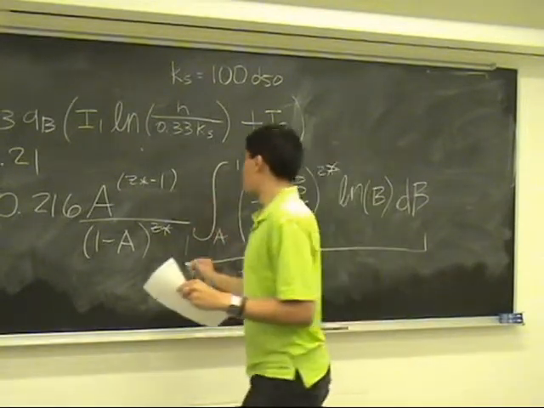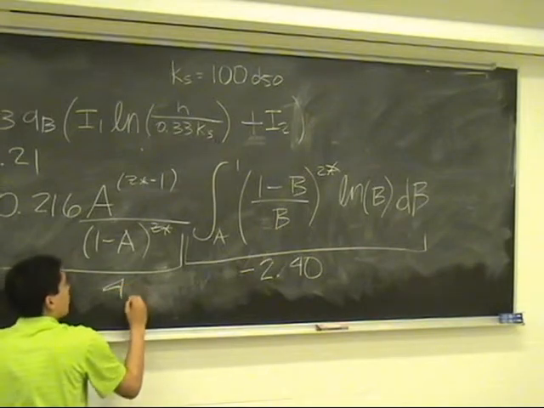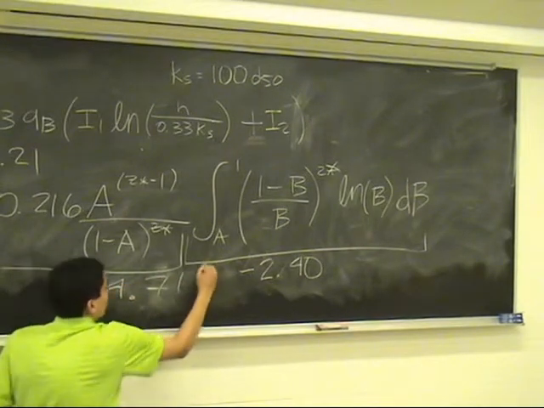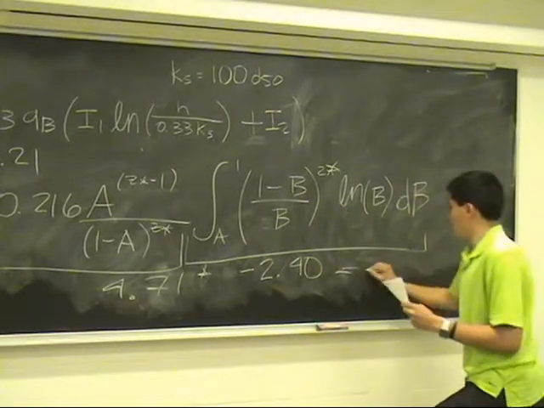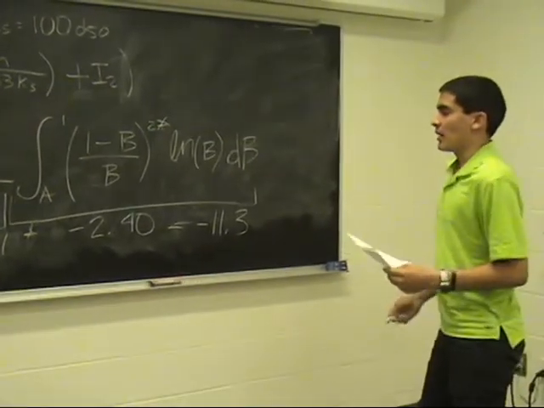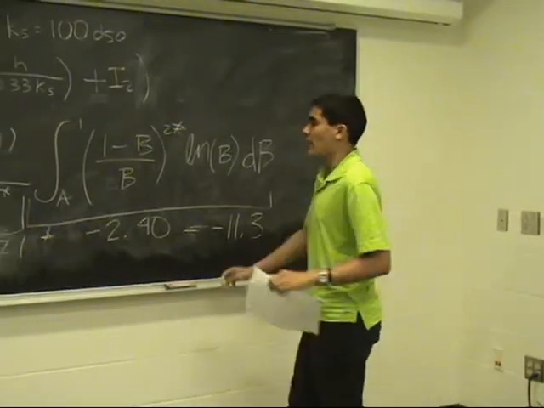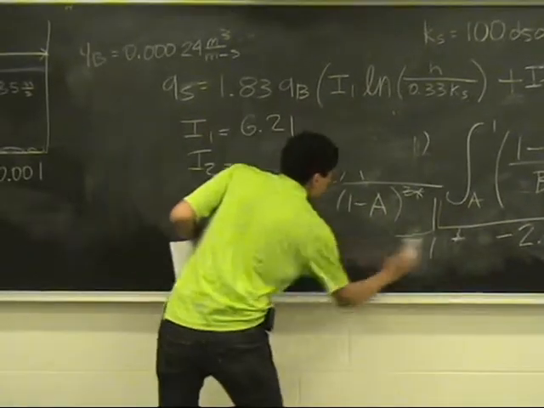Look at this value here in the front. It's the same one we calculated in the beginning. This is 4.71. Multiply them together. What do we get? We get negative 11.3. So voila, there is our I1 and I2. Let me erase. Let's continue.